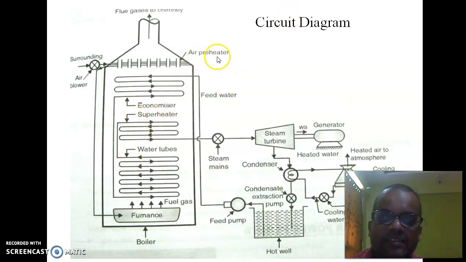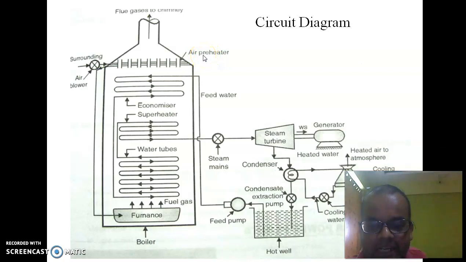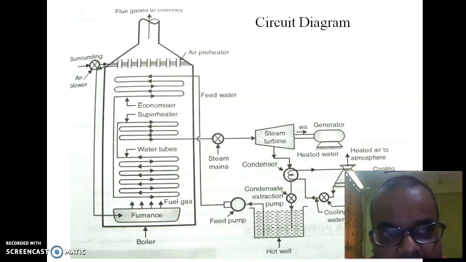Now the third accessory is the air preheater. As you know, for combustion of fuel we require two things: one is fuel and the second is oxygen or air.